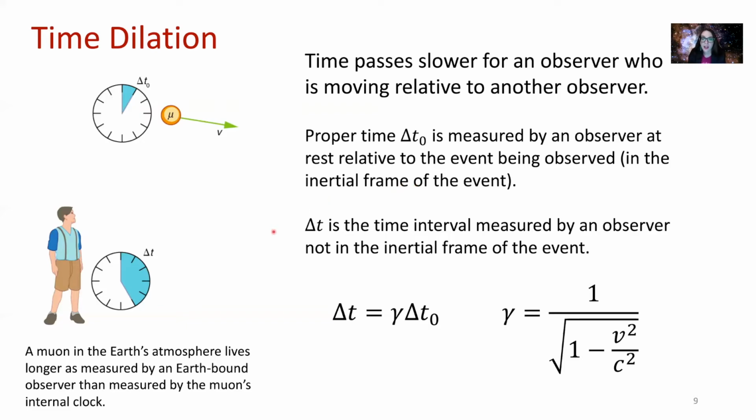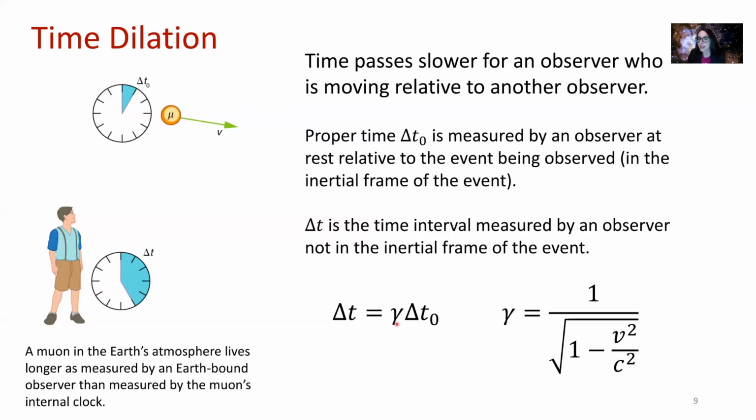And then we have another time interval, delta t. And this is the time interval measured by an observer for that same event who is not in the inertial frame of the event. So the time interval delta t is equal to gamma times the time interval delta t naught, which was our proper time.